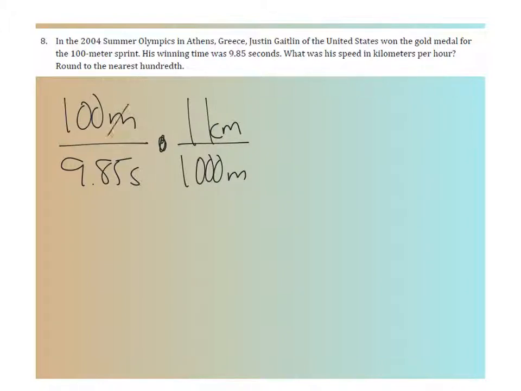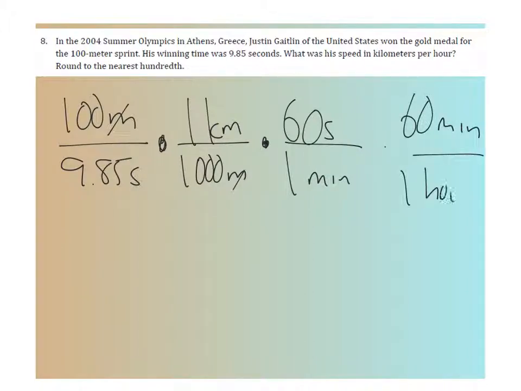Okay, so there we go. Now we're in kilometers. So meters and meters cancel out. So now I've got to go from seconds to hours. So there are 60 seconds in 1 minute and 60 minutes in 1 hour. So the seconds cancel out, minutes cancel out. You're left with kilometers and hours, and that's what you want. So basically, I multiply top, top, top, and divide by bottom, bottom, bottom.